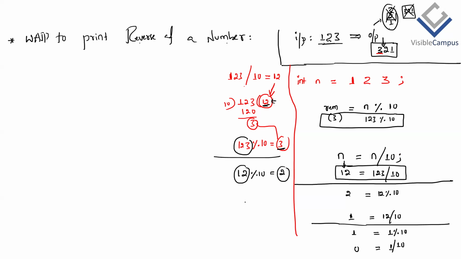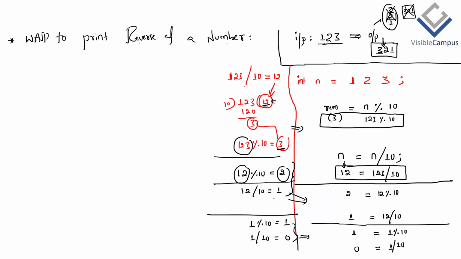So 12 by 10 becomes 1. Then for the last scenario, 1 modulo 10: when you divide 1 with 10, the remainder is 1 only, and the quotient is 0. This is what I'm writing. So these two are for step 2, these two are for step 3, and this is for step 1.